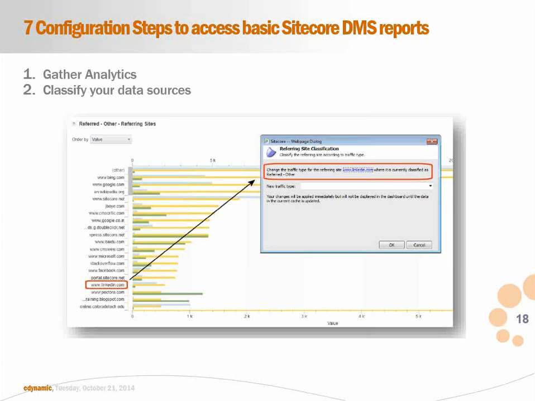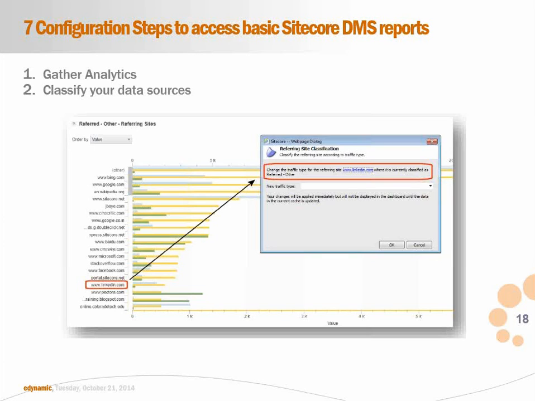For example, we need to classify all visits that appeared in the referred other category to make the dashboard data more meaningful. We need to classify LinkedIn into social sites. Otherwise, all visits from LinkedIn will show in the referred other category in the Sitecore executive dashboard.